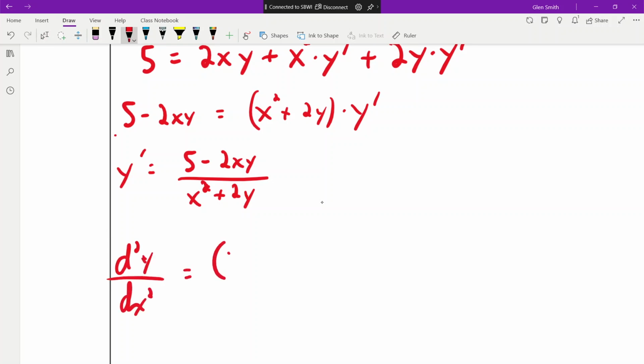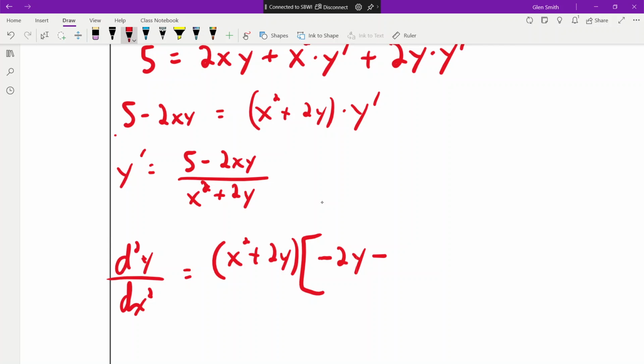All right? Then we had to derive that again. So the second derivative, which you could write as y double prime, but really we should be using this, I'm just being lazy, d squared y over dx squared. This is the quotient rule. So it's low, d high. 5 turns into a 0. Okay? So we're deriving negative 2x times y.